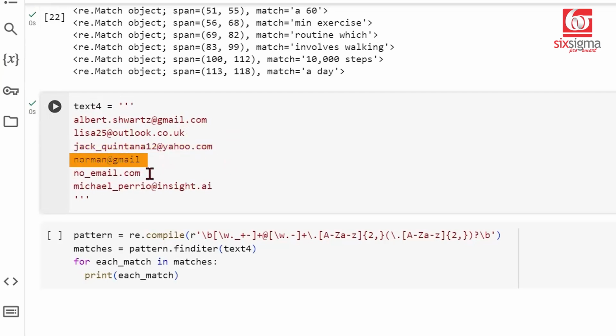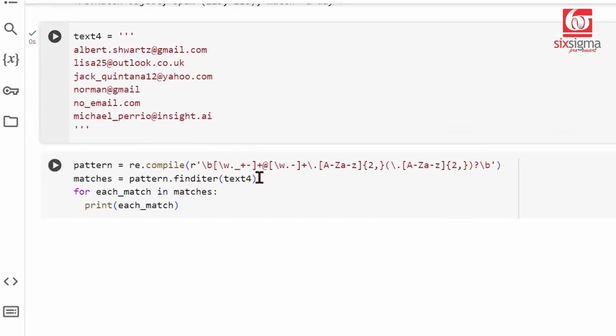This is not a valid email address because you don't have the top level domain here. no_email.com, again, is not valid because you don't have the @ symbol here. And Michael Perio at insight.ai could be a valid pattern because we are allowing the use of underscores and dots typically in the email addresses, first name dot last name or first name underscore last name at the name of the domain and .ai. So let's see how we actually go about searching this.